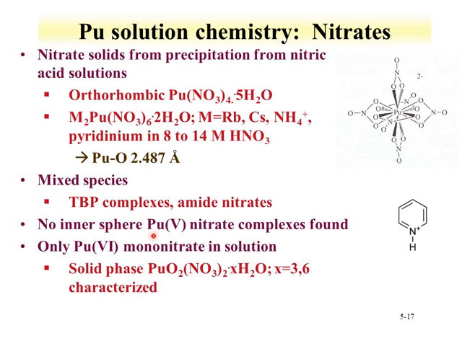There's no evidence of an inner sphere plutonium-5 nitrate species, so that's a very weak complex. And only the plutonium-6 has been truly identified complexation constant-wise. The mononitrate has been identified for plutonium-6 in solution. But obviously, if you have ion exchange of plutonium-6 in nitric acid solutions, you're forming more than the mononitrate.